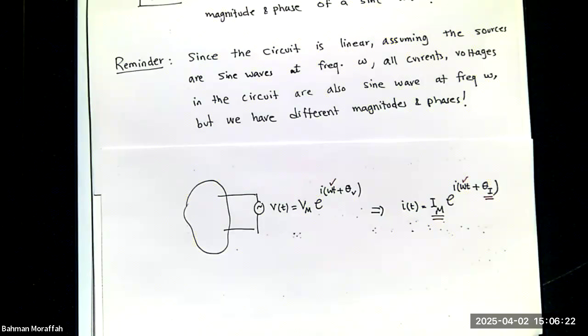Because I can take my circuit from the time domain, where I know the relationship between V and I is not necessarily Ohm's law. For example, if I have a capacitor, the relationship between I and V is I equals C dV/dt. So it's not exactly like Ohm's law. But if I can find a relationship between I and V for a capacitor that looks like Ohm's law in the frequency domain, then that's pretty good.